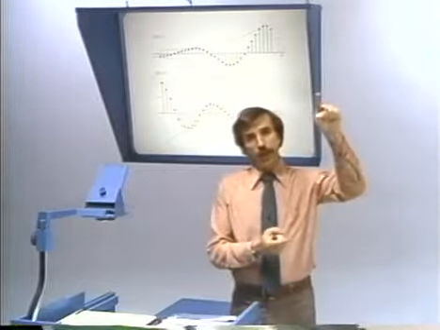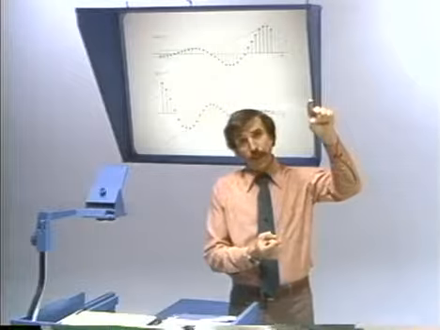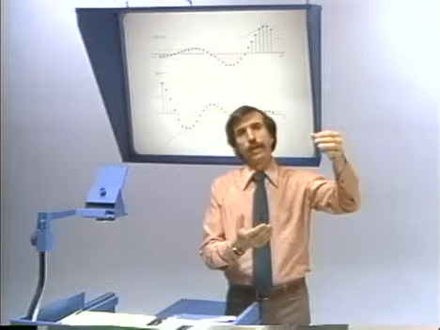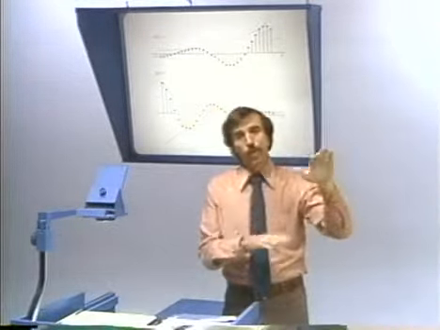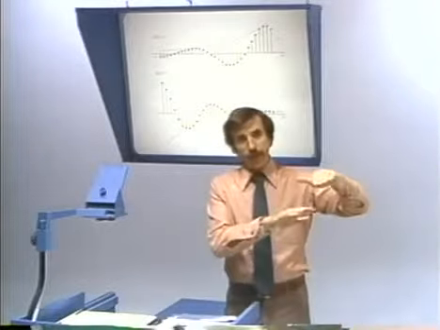Namely, it's a sinusoidal sequence with a real exponential envelope. In the case where alpha is positive, then it's a growing envelope. In the case where alpha is negative, where the magnitude of alpha is greater than 1, it's a growing exponential envelope.